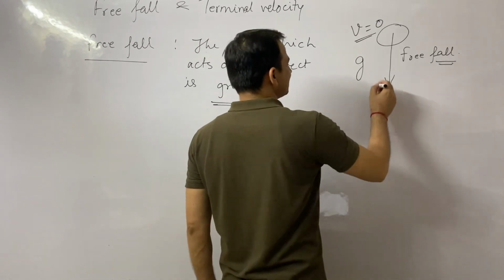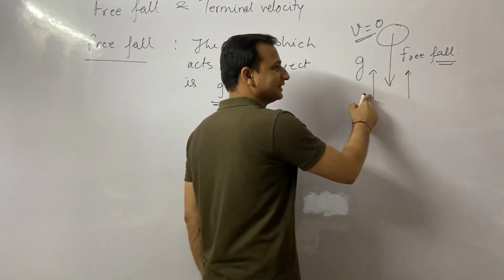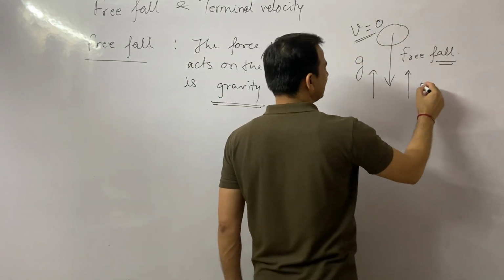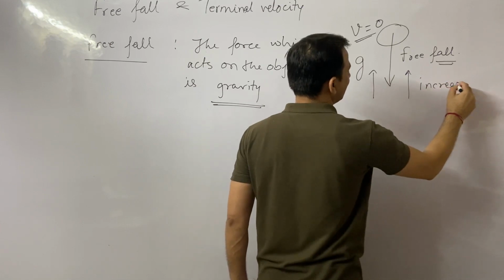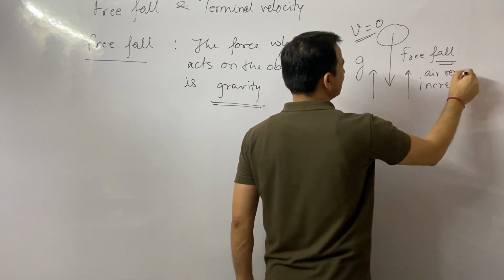Now, as the velocity keeps on increasing, you will find the air resistance which is acting upward increases as well. So what increases? Air resistance.